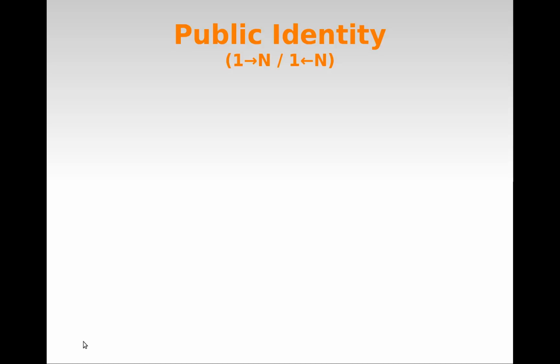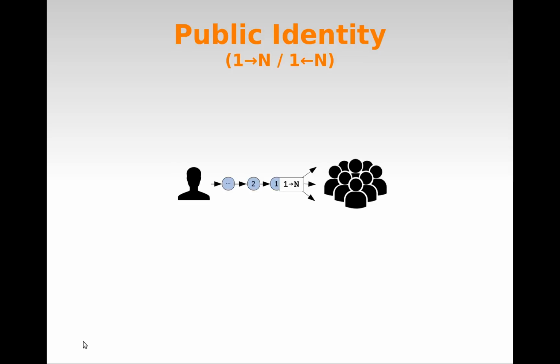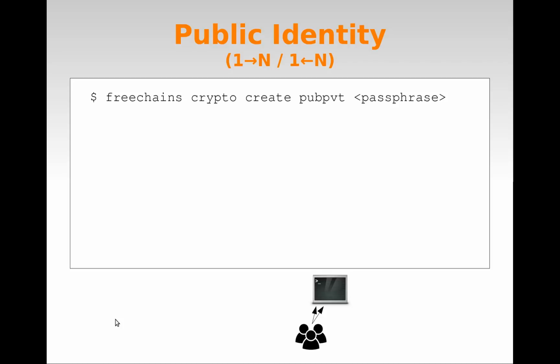Let's give an example of communicating using a public identity. That is, an author, for example, a news site, wants to broadcast its content for a target public, which can provide some feedback. We need to create a pair of keys for the author. The command crypto create derives a public and private key from the given passphrase.